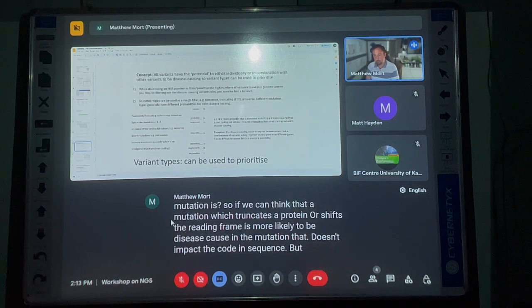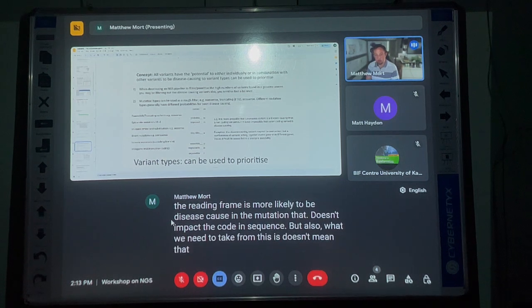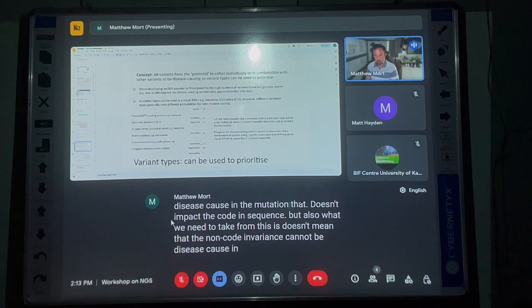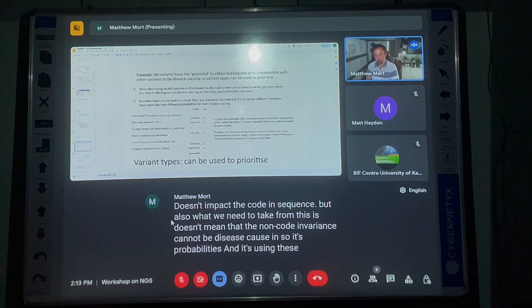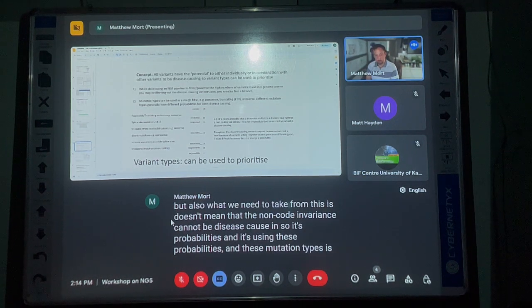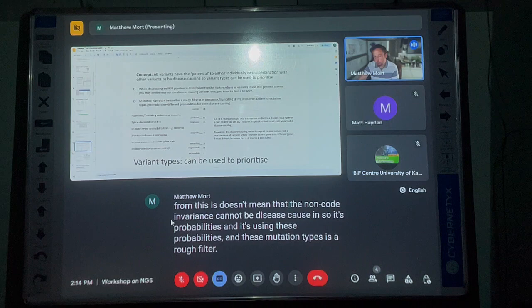But also what we need to take from this is that it doesn't mean that non-coding variants cannot be disease-causing. So it's probabilities, and it's using these probabilities and these mutation types as a rough filter. It doesn't always work.